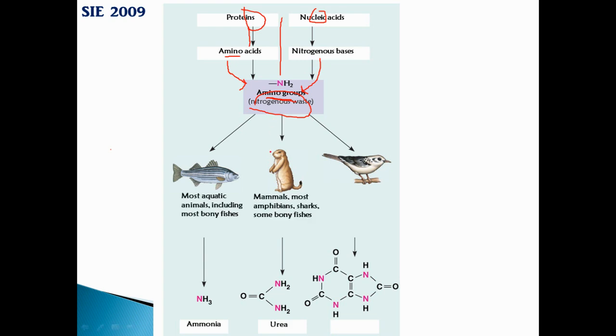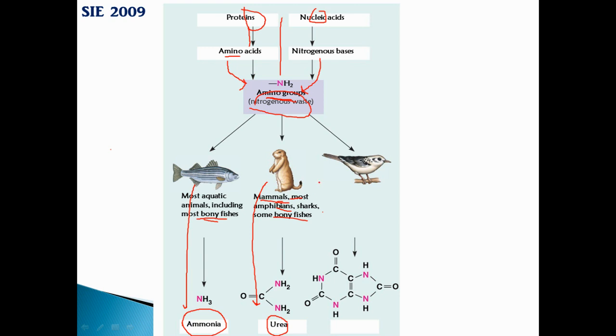Most aquatic animals, including most bony fish, have ammonia as the end product of nitrogenous waste. They excrete the waste in the form of ammonia. Mammals, most amphibians, sharks, and some bony fish excrete nitrogenous waste in the form of urea.